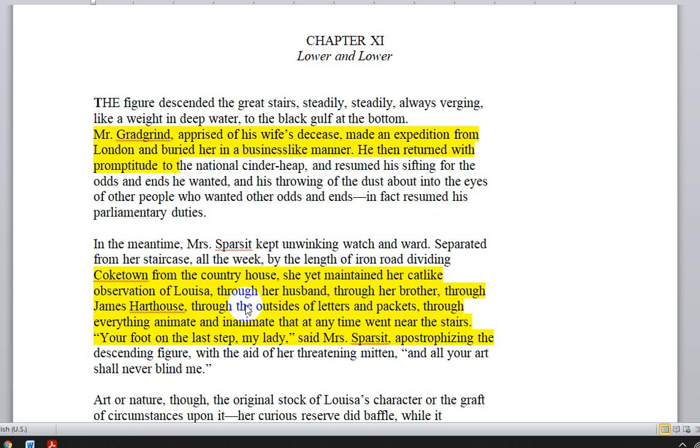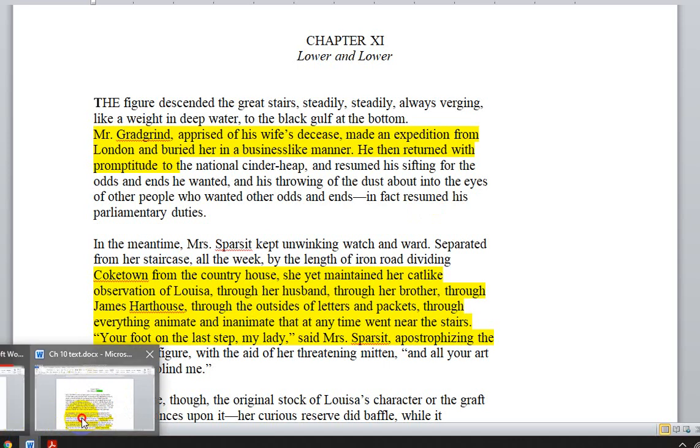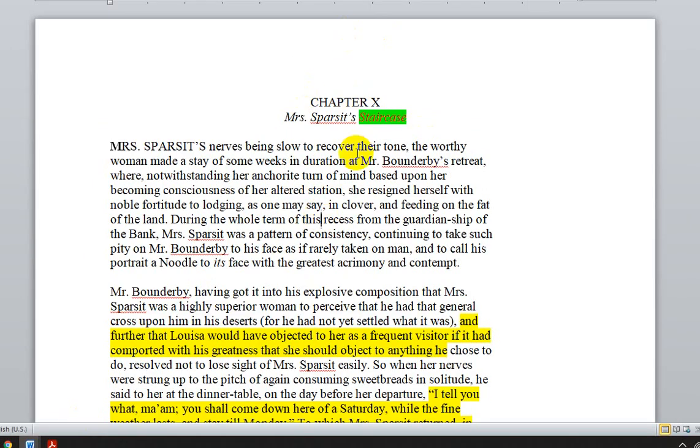Now we deal with chapter 11, Lower and Lower. I told you in our previous lecture that the chapter was entitled Mrs. Sparsit's Staircase. We talked about how Louisa and James are descending on this staircase, where it measures the development of their relationship.